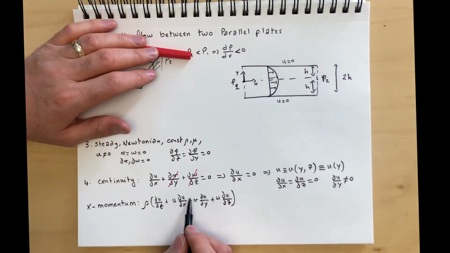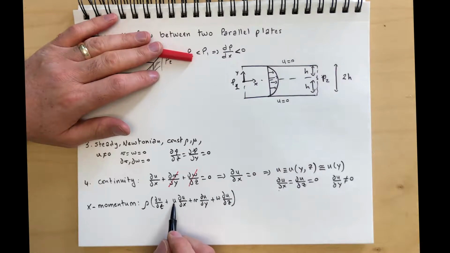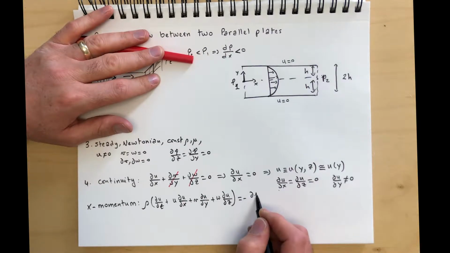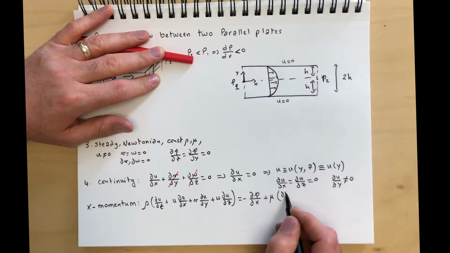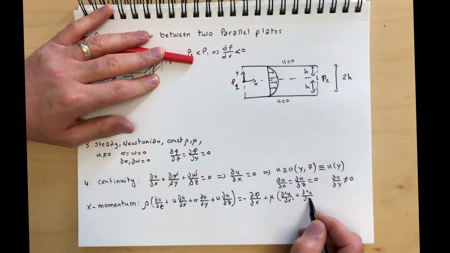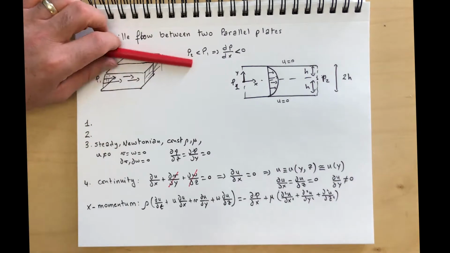So the x momentum component u is being advected by all three velocity components in the x, y, and z direction, equal to minus dp by dx plus mu times d2u by dx squared plus d2u by dy squared plus d2u by dz squared.